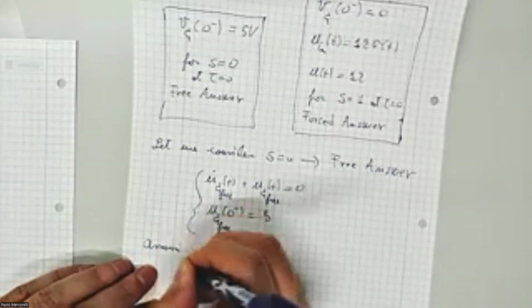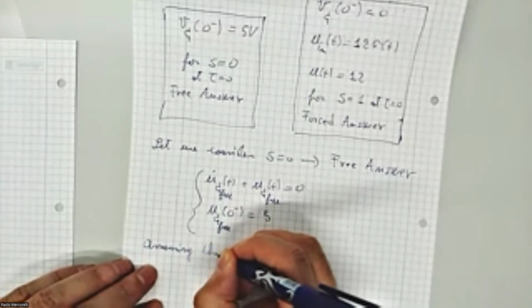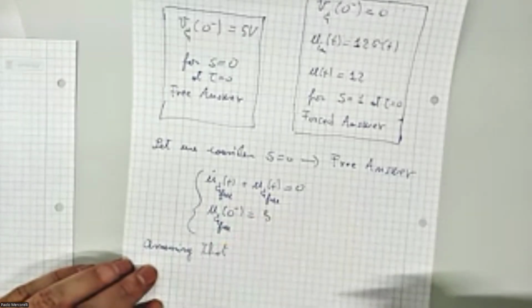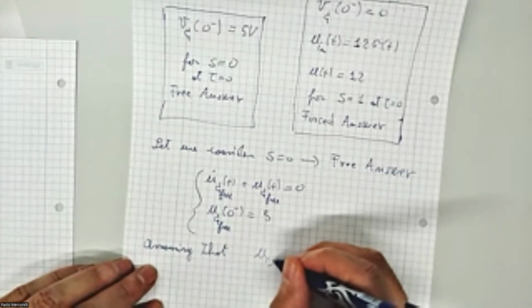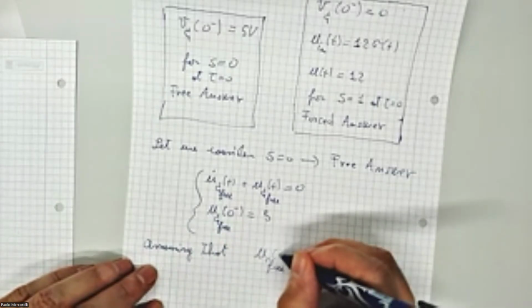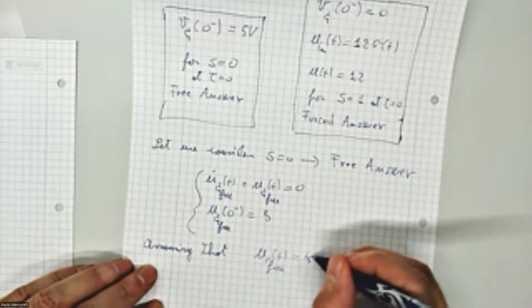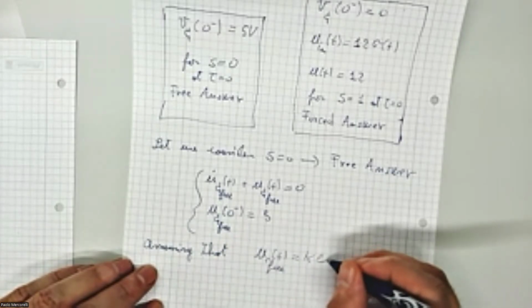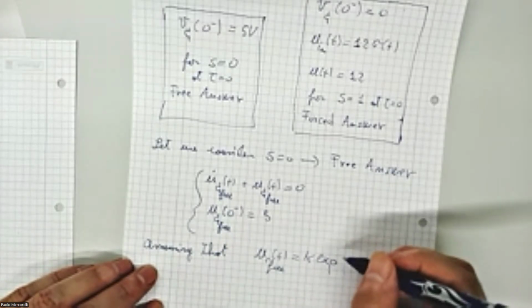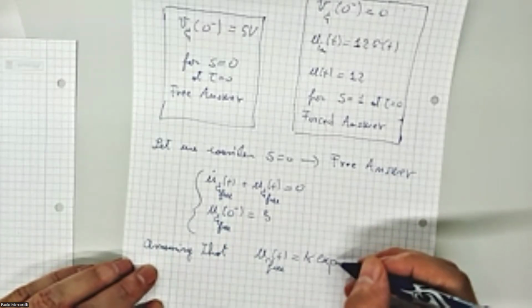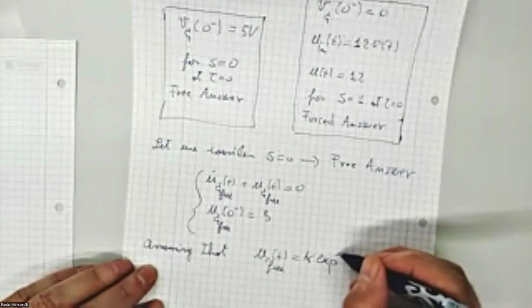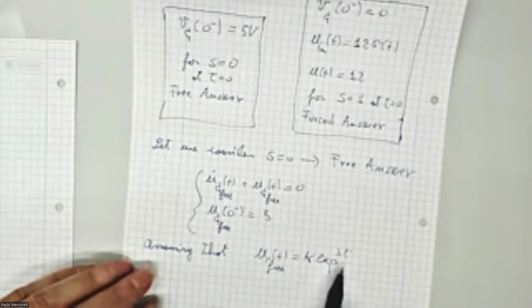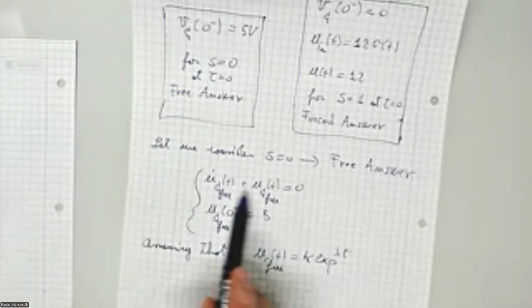Assuming that, you remember, UC of t equals, the same consideration, K exponent up to lambda t. Do you remember this? Even though now we know that lambda is -1 here.